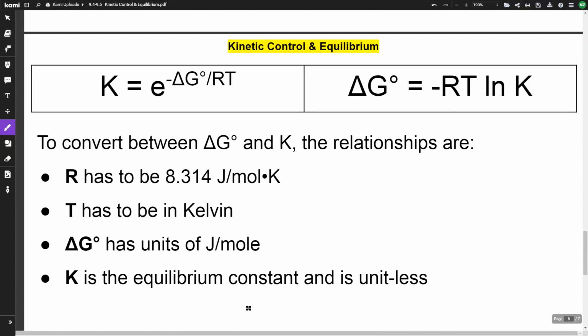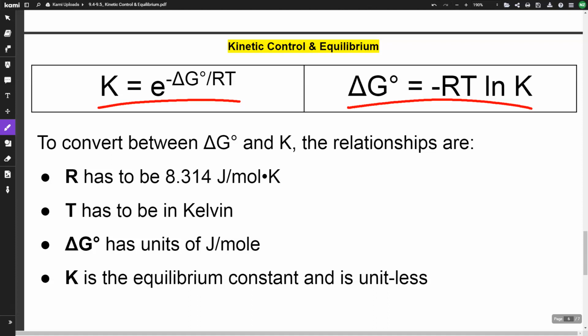All right, so the relationship between K and our delta G is as follows. We have these two possible equations. If we're solving for K, we're going to use this equation right here. If we're solving for G, we're going to use this equation right here. So there is some criteria for this relationship. We're going to use the R value of 8.314 joules over moles times Kelvin.